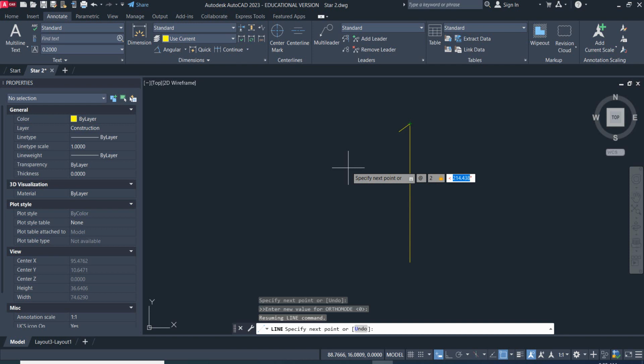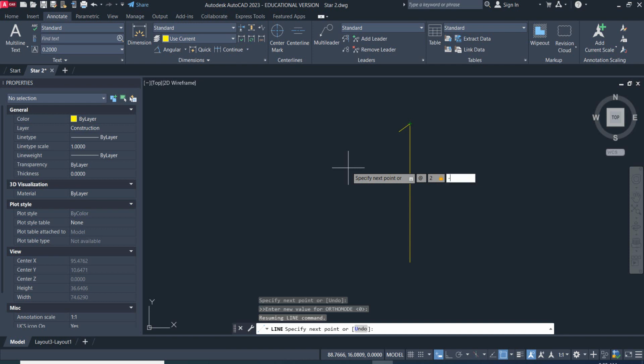Now, the star has 36 degrees on the interior angles between the points. And I start with the top because I've got a vertical line coming down. So half of that angle would be 18 degrees, 18 to the left, 18 to the right. But because I'm dealing with a 90-degree angle coming across, I want to add those two together.